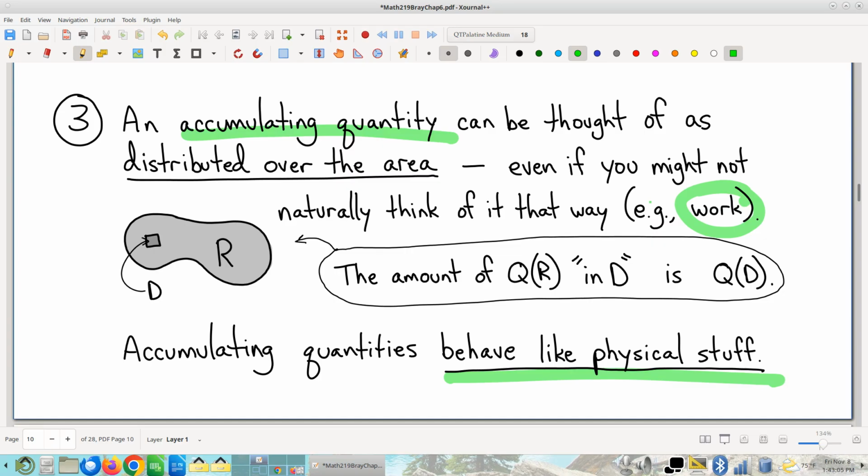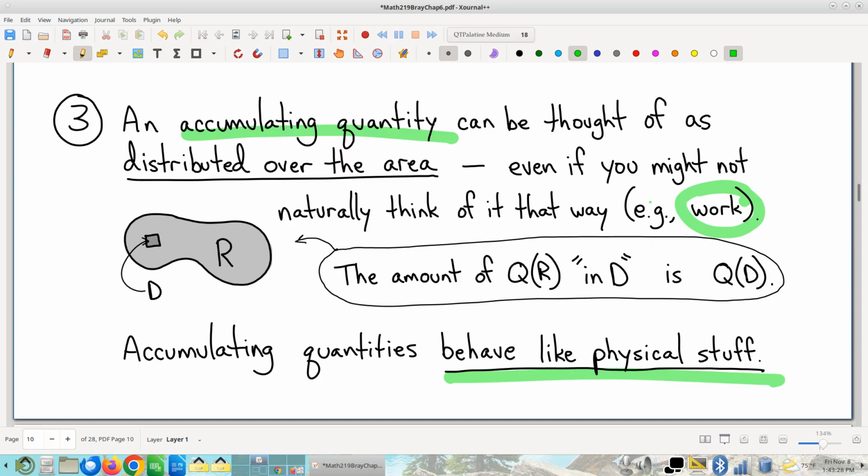If you were to pretend that even though it's obviously not actually distributed, if you were to pretend that it is distributed across the area, and if you were to talk about how much of that accumulating quantity is in each little piece, well, that would effectively force you to accept the idea that, well, the whole must be the sum of the parts, which it is.